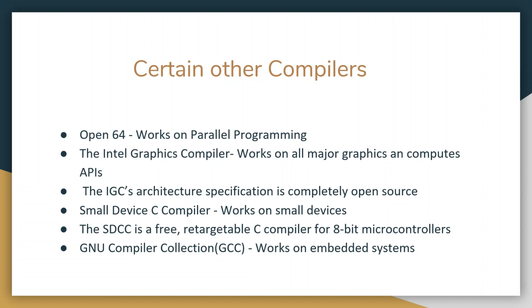The Intel Graphics compiler supports all major graphics and compute APIs, and its OpenCL compute stack includes compute runtime, compiler frontend and backend, and the architecture specification of this Intel Graphics compiler is completely open source.